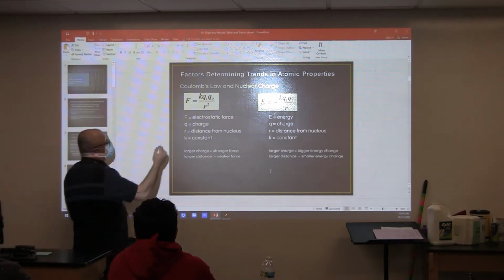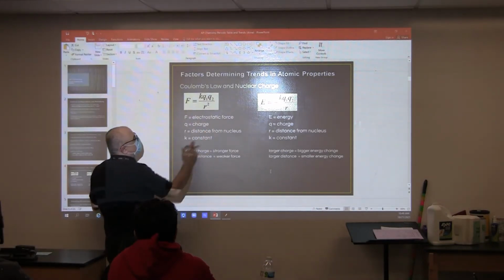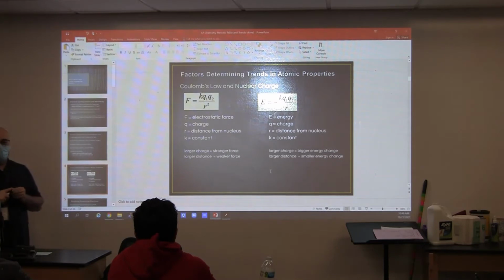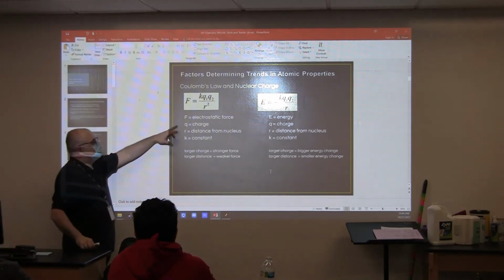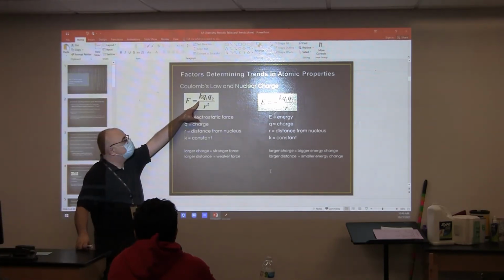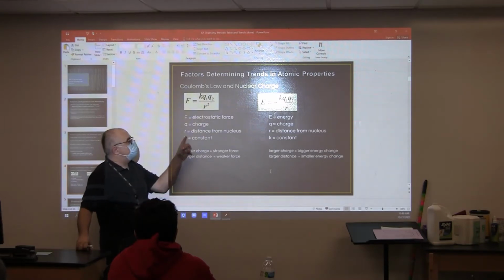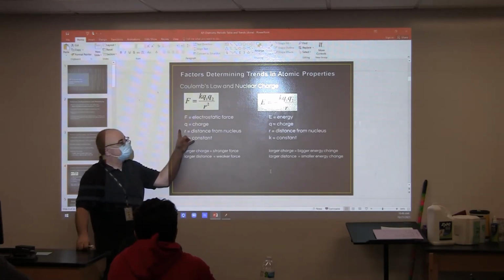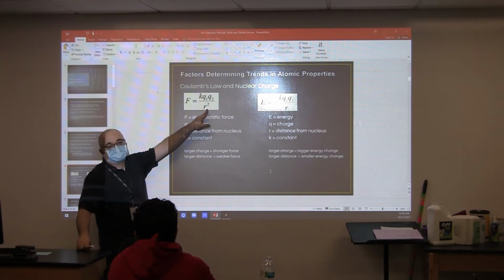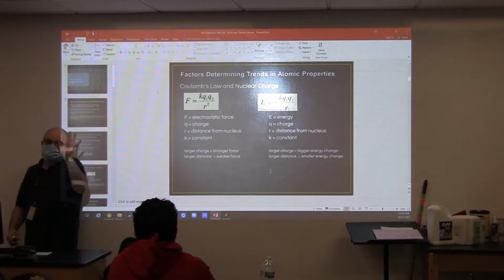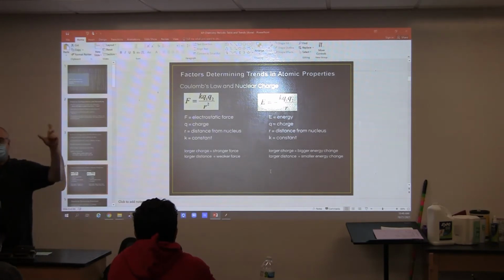If you look at the equation, F is the force, and we refer to that as an electrostatic force. K is a constant that we don't really need to worry about. Q1 and Q2 represent the charges that are interacting. And r is the distance between the centers of those charges. For us, they're effectively point charges, so we're just measuring their distance.